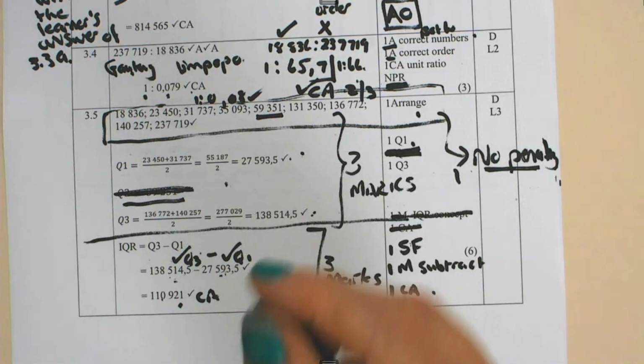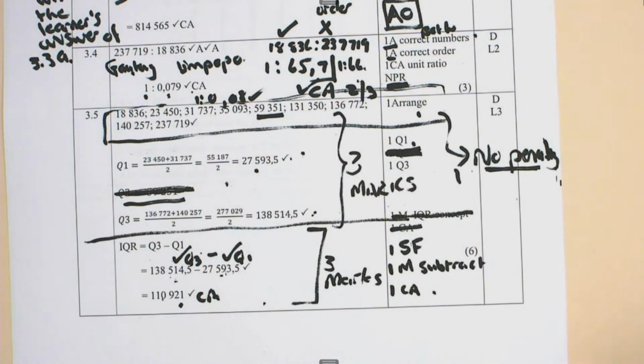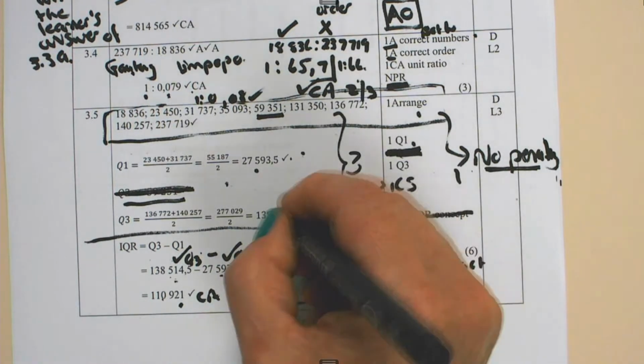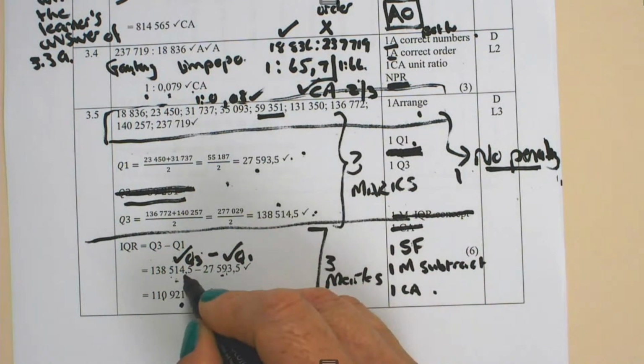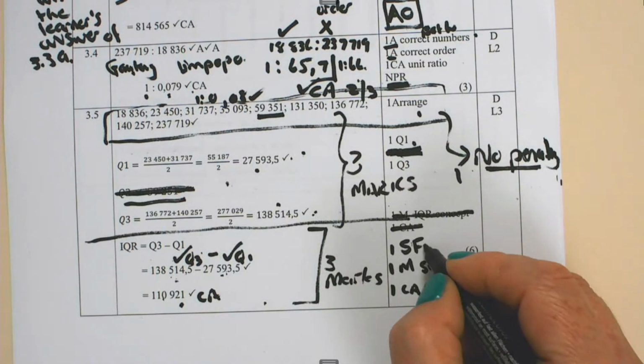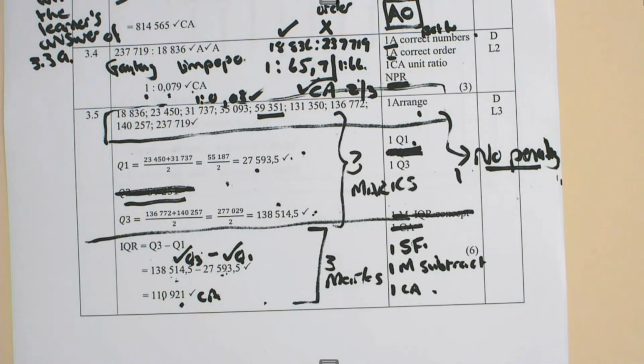Now, say for instance something goes wrong and the learners incorrectly calculate Q1 and incorrectly calculate Q3, but they bring that forward and substitute it here correctly, then you can still give the SF mark, the subtract mark, and the CA mark.